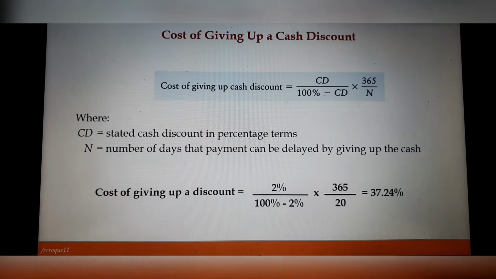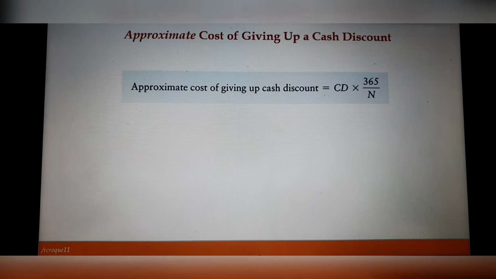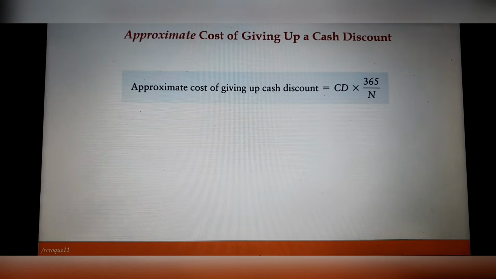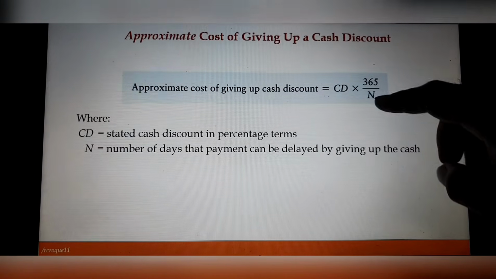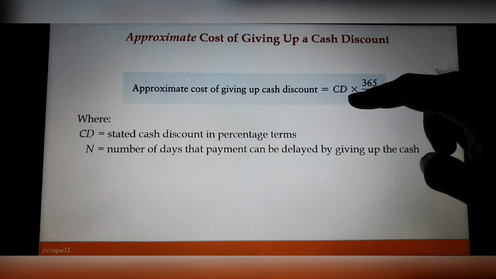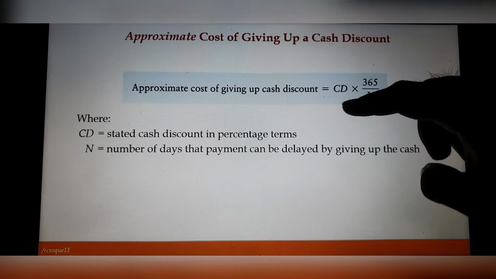To make it more simple, there is an alternative cost of giving up a cash discount. We call it the approximate cost of giving up a cash discount. So, that would be your cash discount times 365 over N. Same thing, this is the cash discount, and this is the number of days that we can delay. What is gone is just the denominator, 100% over the cash discount.